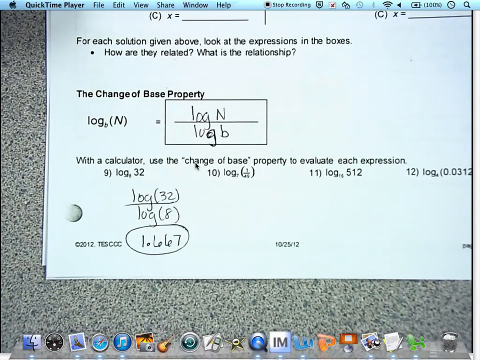How did you get 2.25? Or number 11? Okay, you're not closing your parentheses. I don't know if that's making a difference or not.